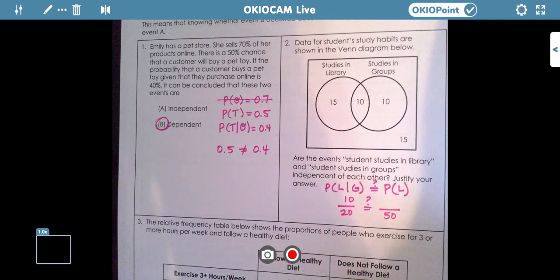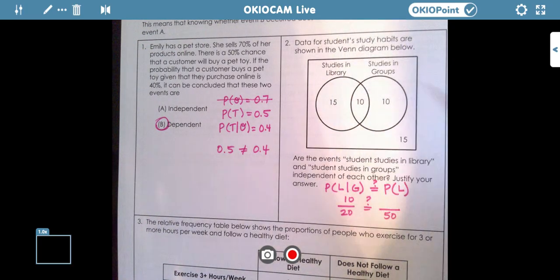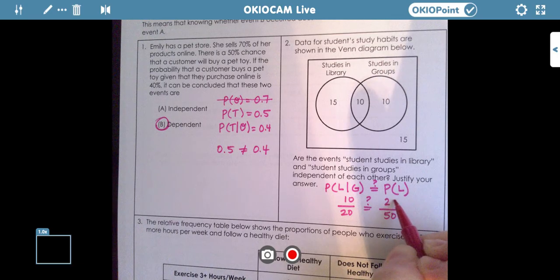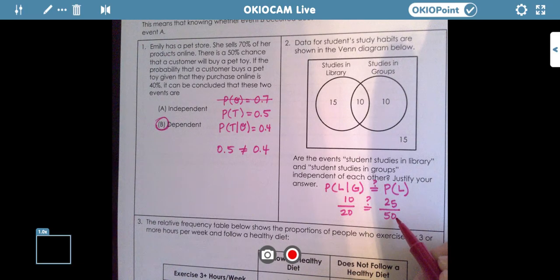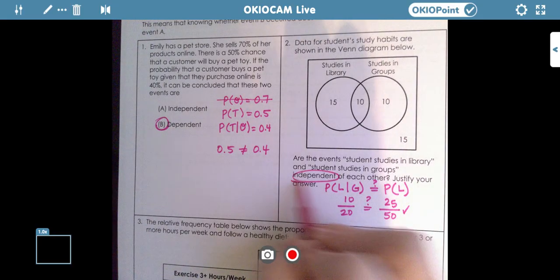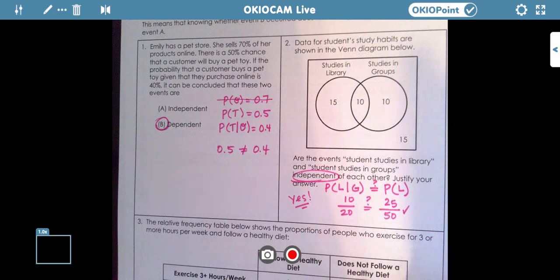So out of 50, and I'm looking for library. That's this circle here. So 15 plus 10, that's 25 total in the library. Well, 10/20ths is 1/2, 25/50ths is 1/2. They are equal, so it wants to know, are they independent? And the answer is yes. These two are equal, so it's independent.